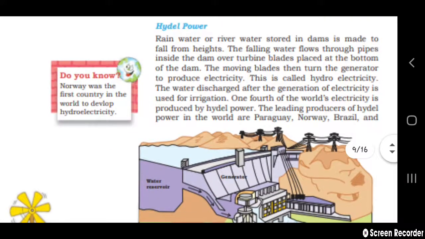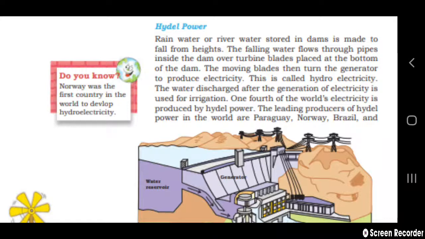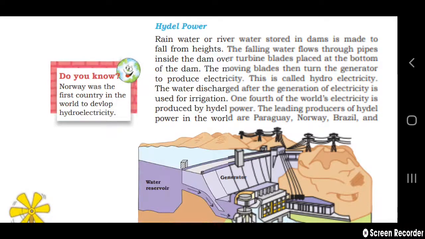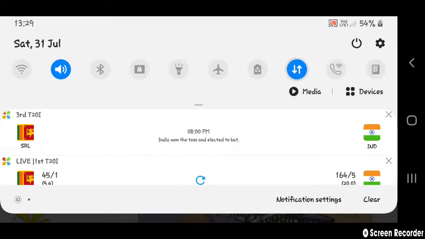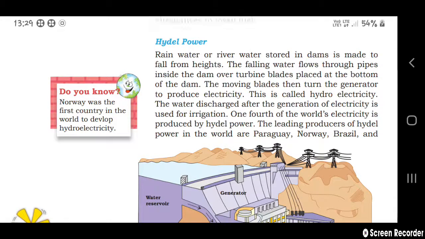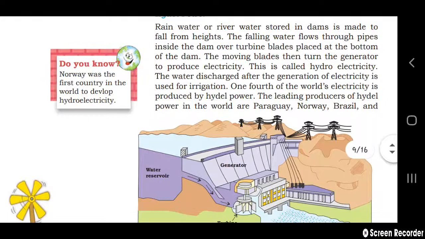Next is hydel power. Rainwater or river water stored in the dams is made to fall from a certain height, flowing through pipes inside the dams over the turbine.